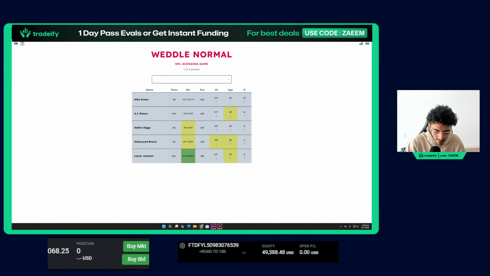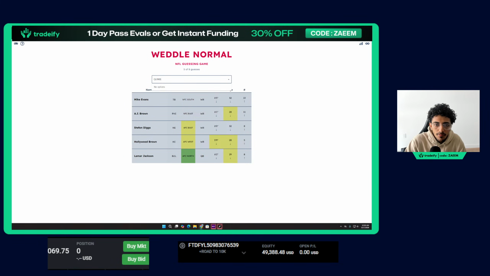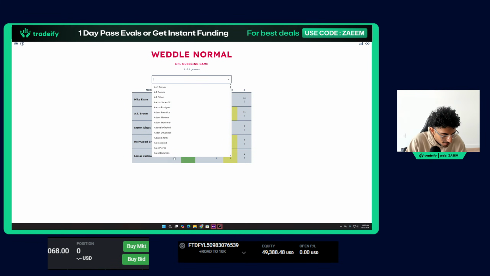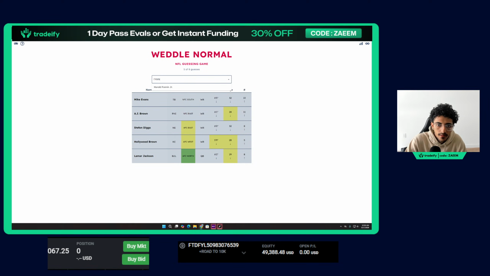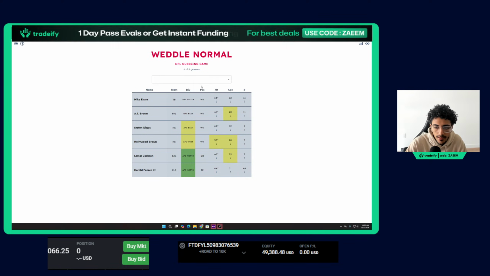He is. How? Like what? Okay, maybe not him. Fannin. Tight end. Get tight end out of the way. Nope. He's not a tight end. He's down to Cleveland. I don't know why Judkins isn't there. That's what I'm saying.